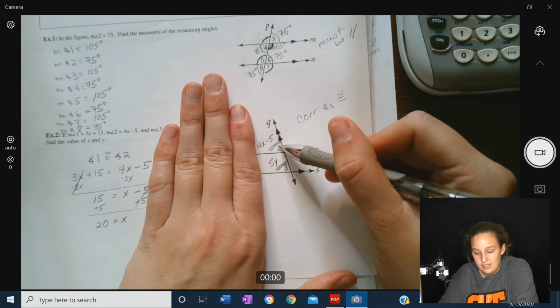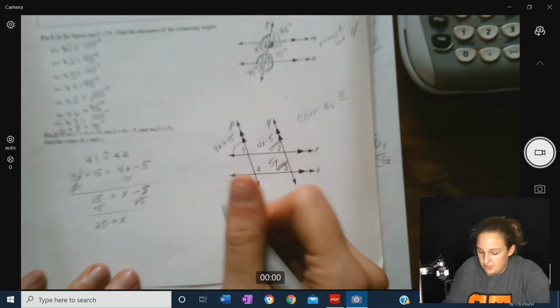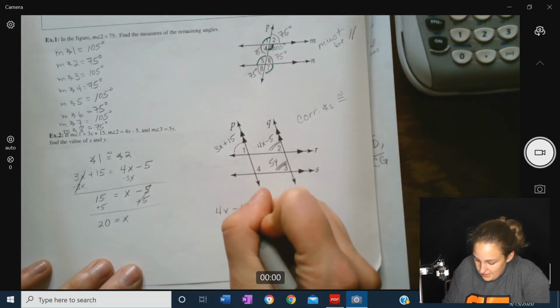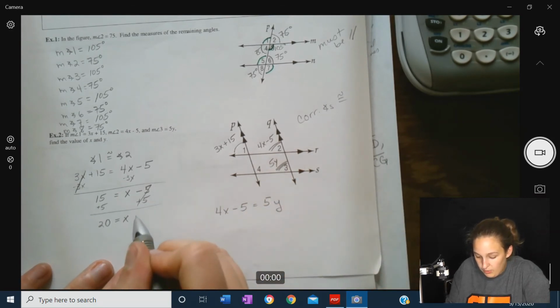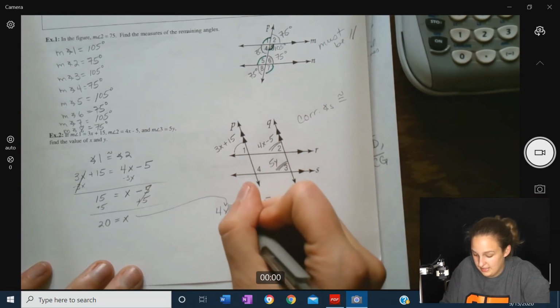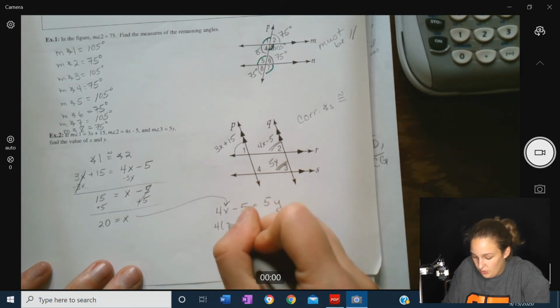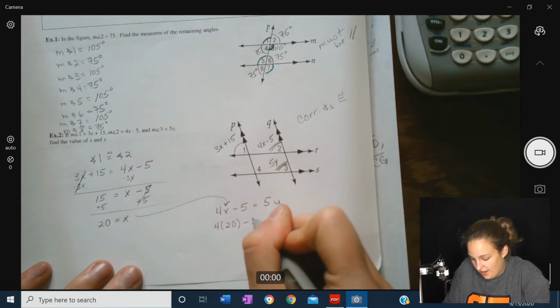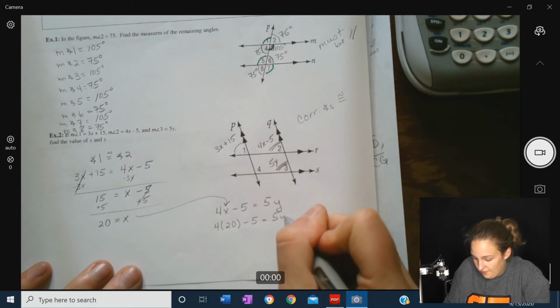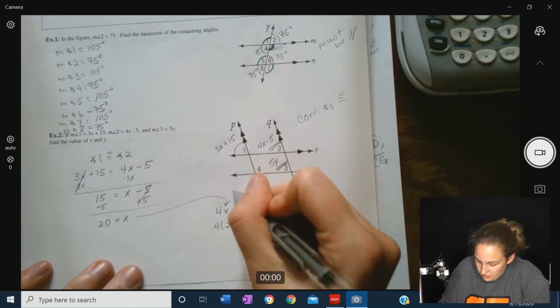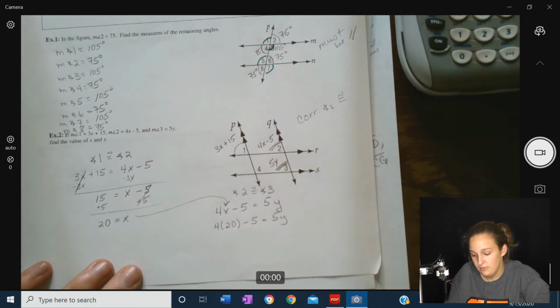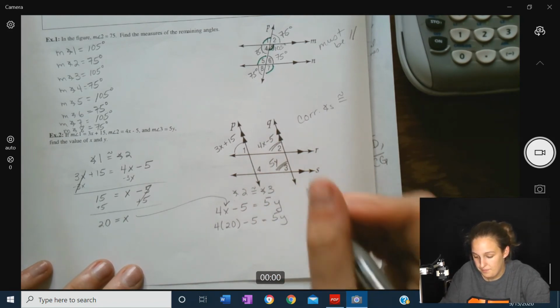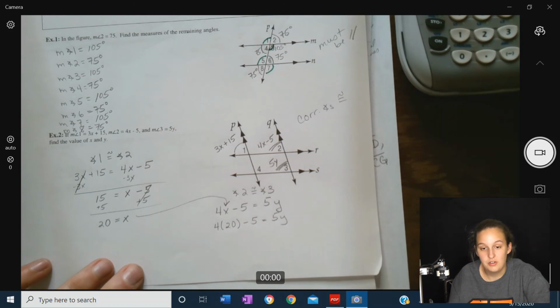So you know that this angle equals this angle. So you have 4x minus 5 is equal to 5y. Well, we can plug x in because we know what x is now. So 4 times 20 minus 5 is equal to 5y. And this is because angle 2 is congruent to angle 3. And that would be corresponding angles are congruent again.